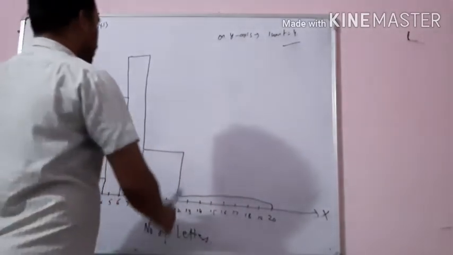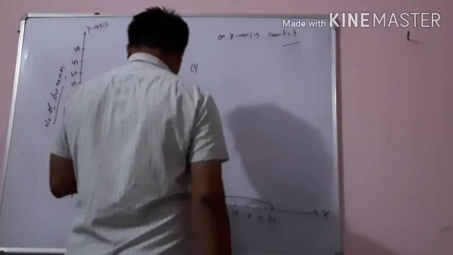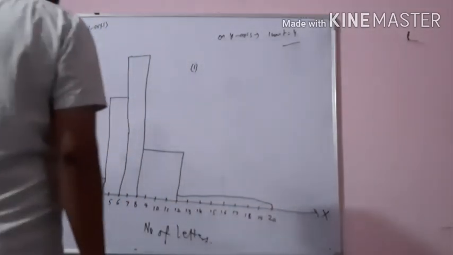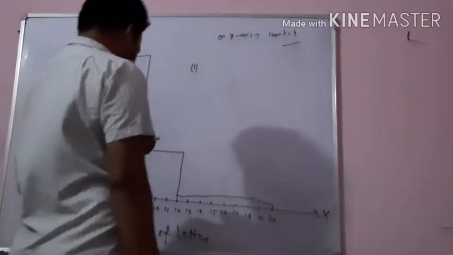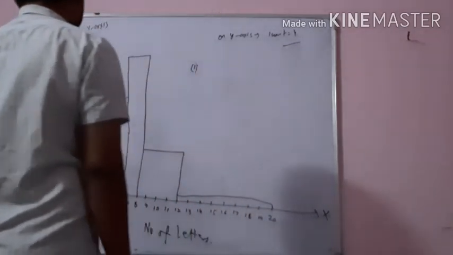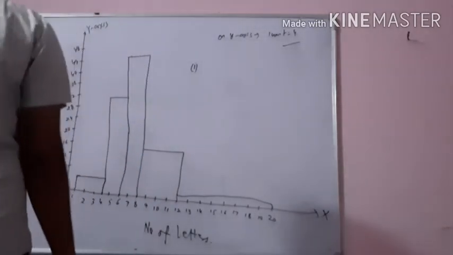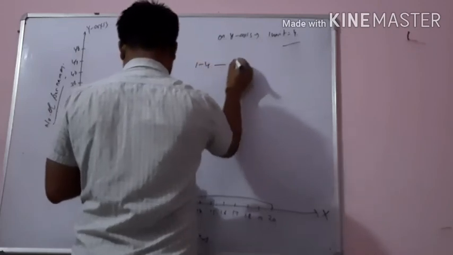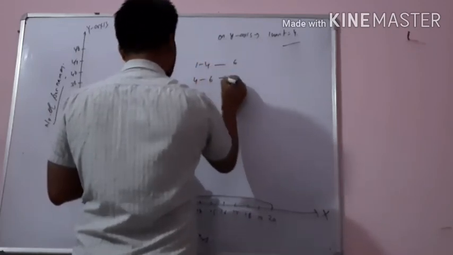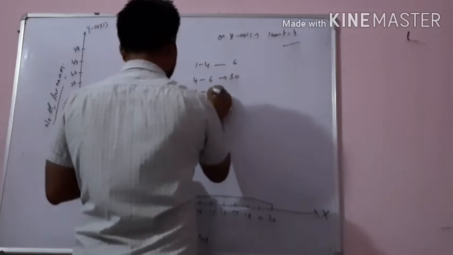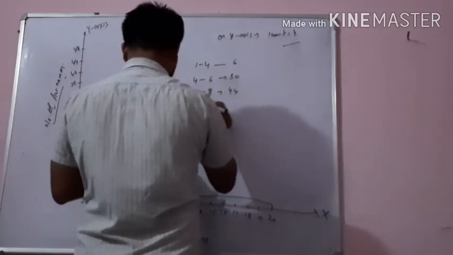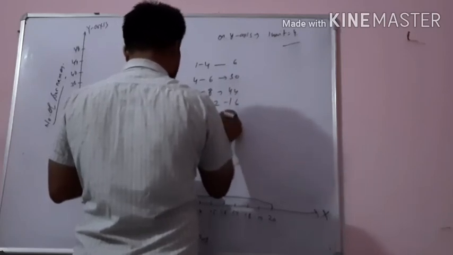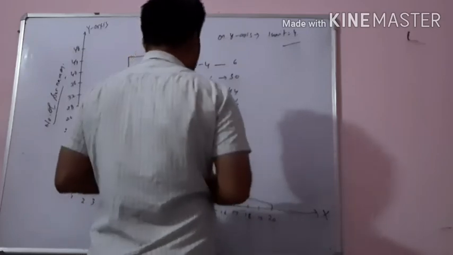See, this was the first question. Now the second: write the class interval in which the maximum number of surnames lie. Now see the data. What has been given? 1 to 4, frequency is 6; 4 to 6, 30; 6 to 8, 44; 8 to 12, 16; 12 to 20, 4.